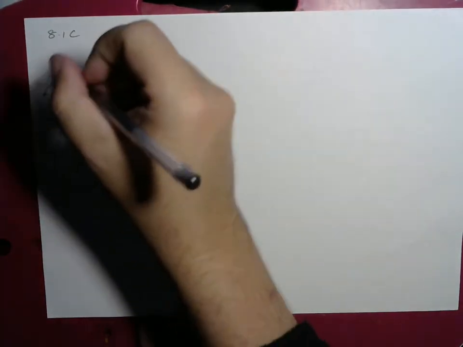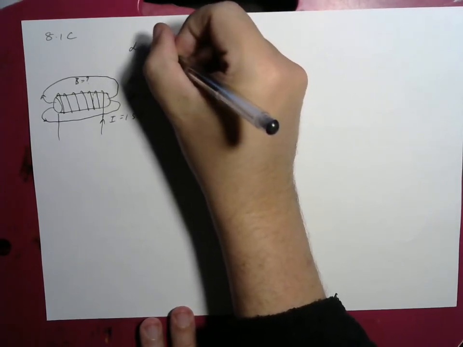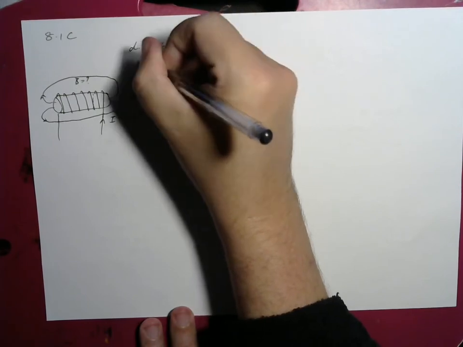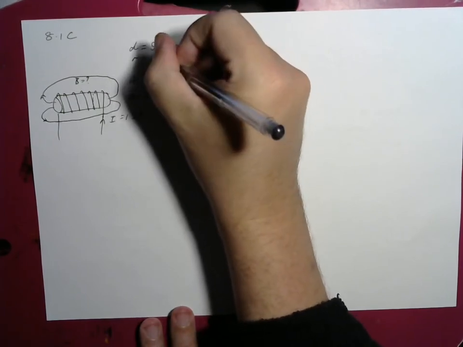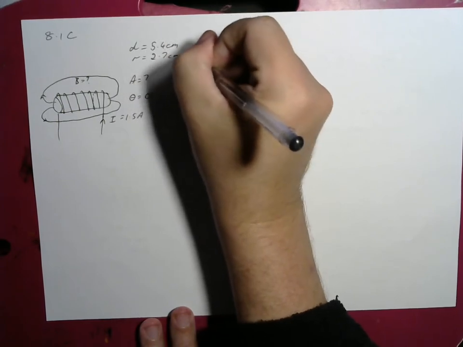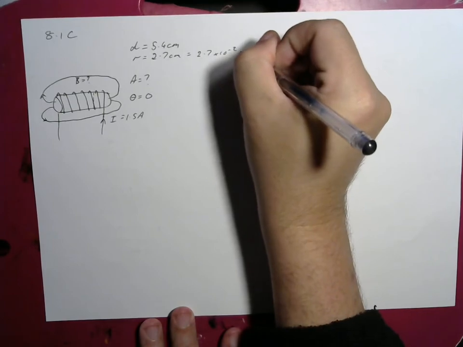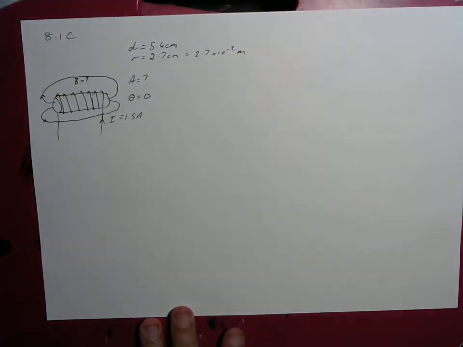We need to use the formula. Let's see, we are told that the diameter equals 5.4 centimeters, so the radius will equal 2.7 centimeters, equals 2.7 times 10 to the negative 2 meters.